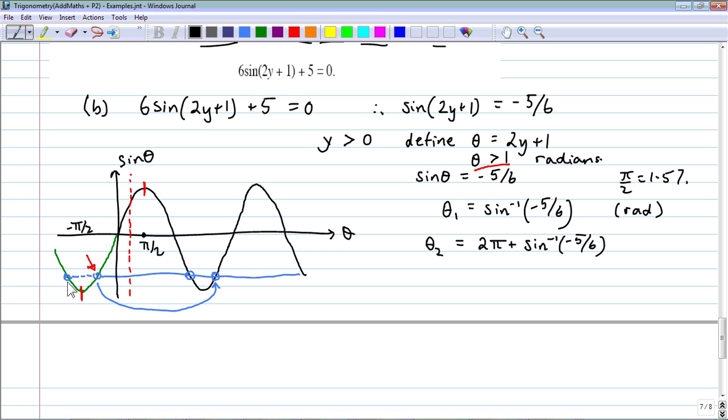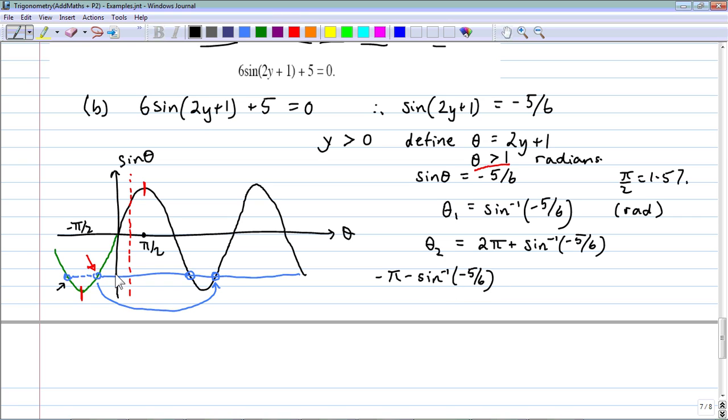We can say that this number here is minus pi minus inverse sine of minus 5 over 6.